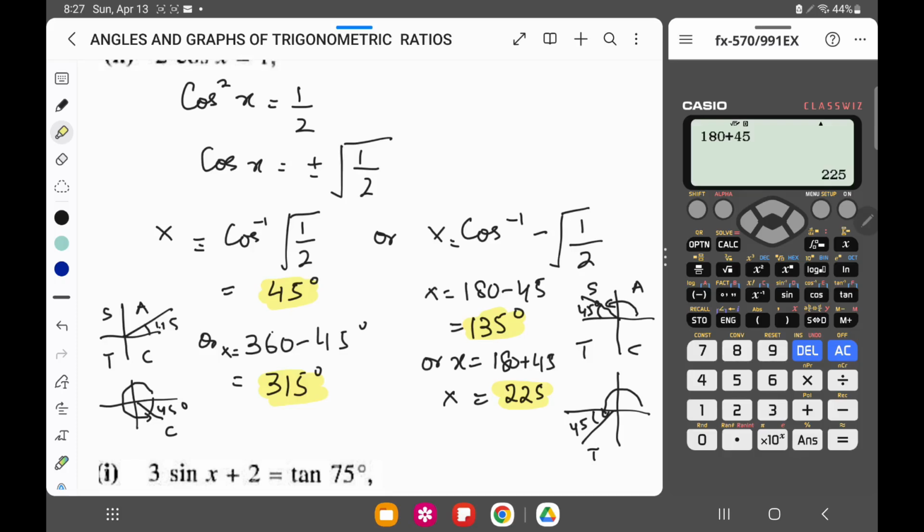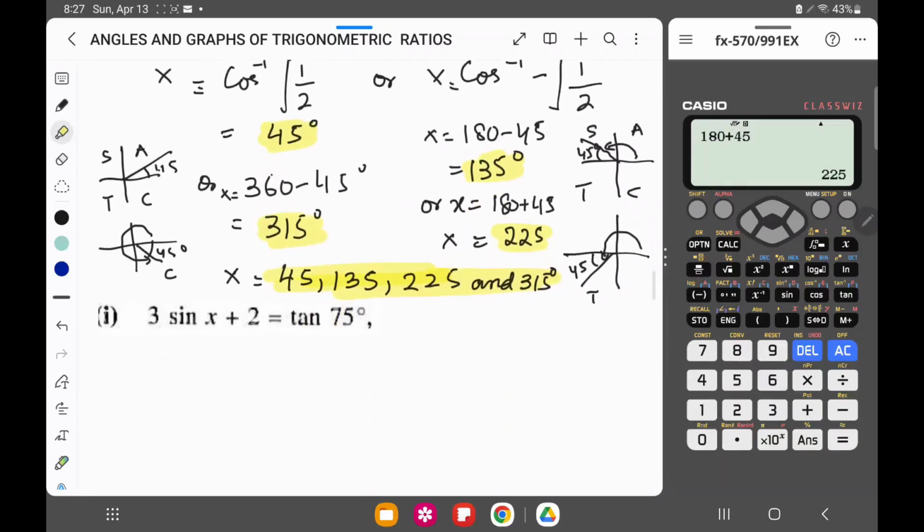That's why you were getting 135 and 225 degrees. So in the last, you write all four answers, then x will be equal to 45 is the least number, then 135, 225 and 315 degrees. They are all four answers for this question.